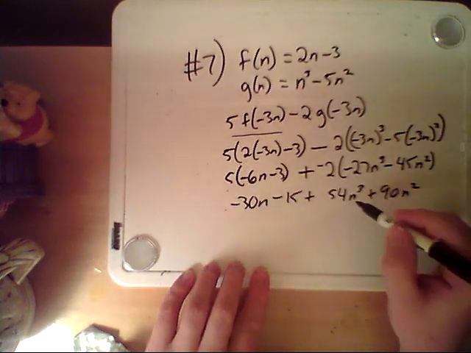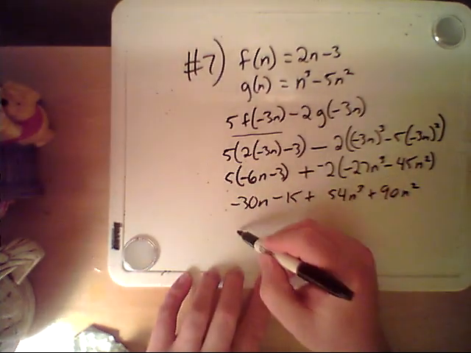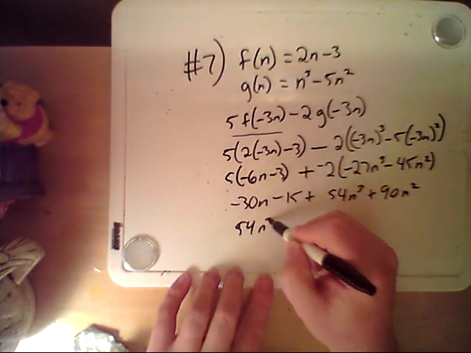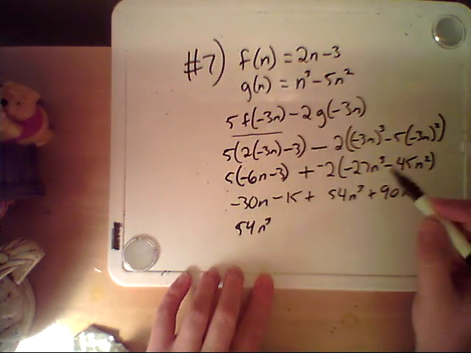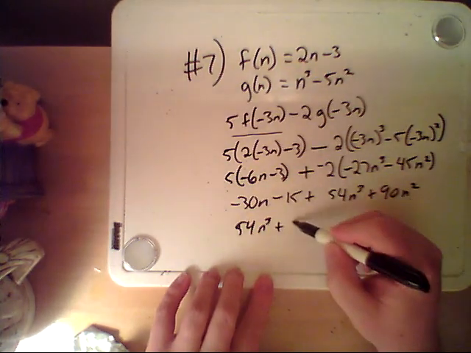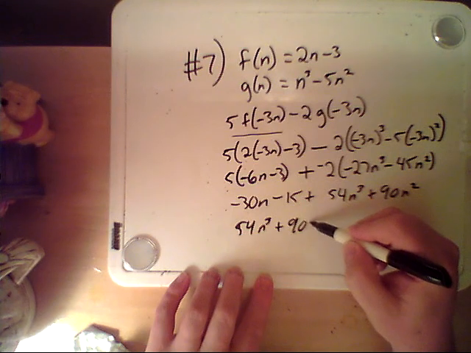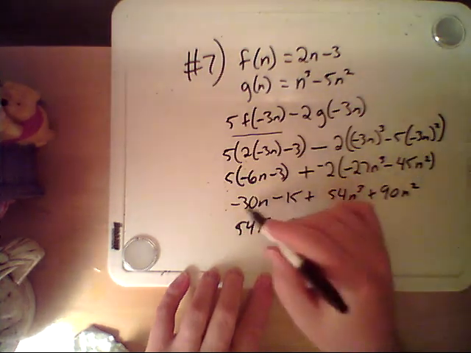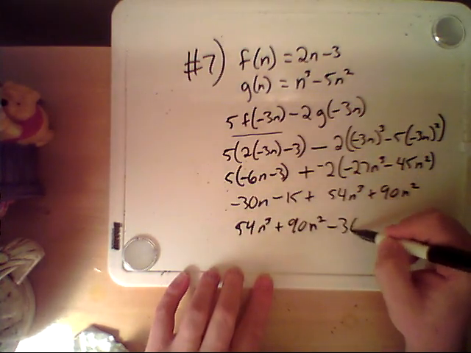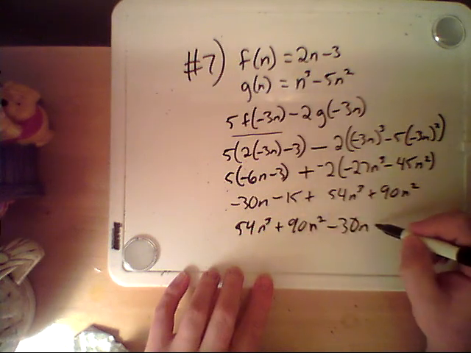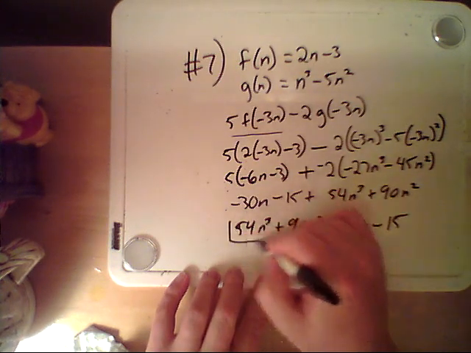Let's just rewrite this in descending order. We have a 54n to the third, we have a 90n squared, we have a negative 30n, and we have a negative 15.